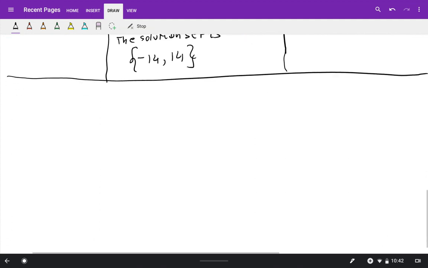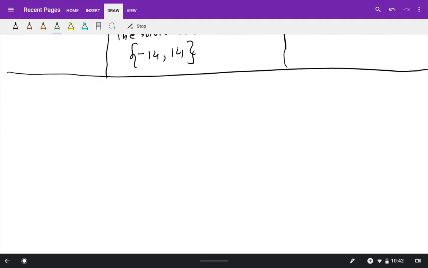Before we do that, let me just write down all the steps. Steps to solve absolute value equations.